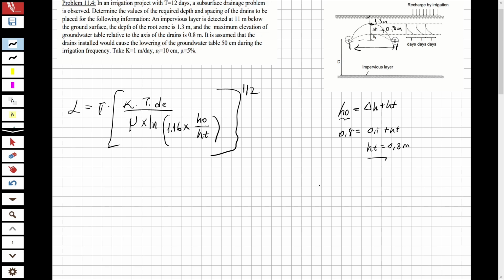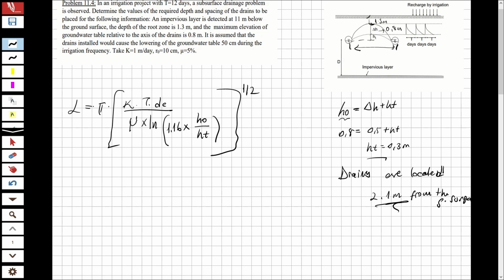So that means that the drains are located 2.1 meter from the ground surface. So now actually we determine the location of the drains.